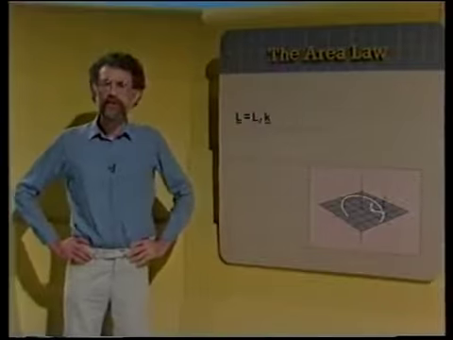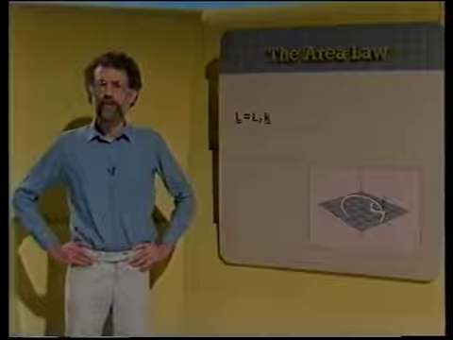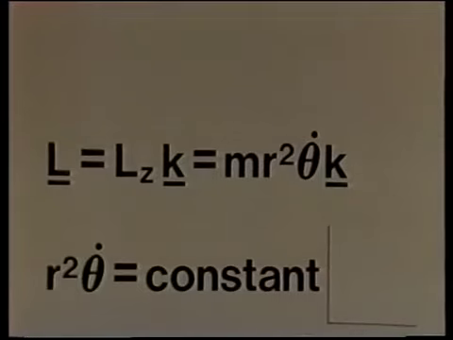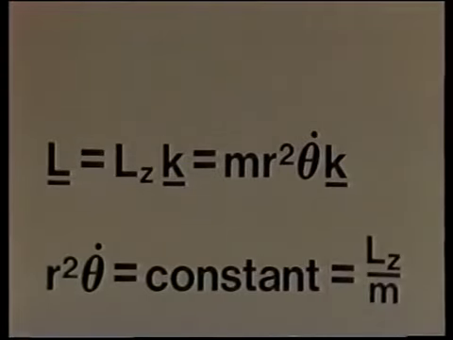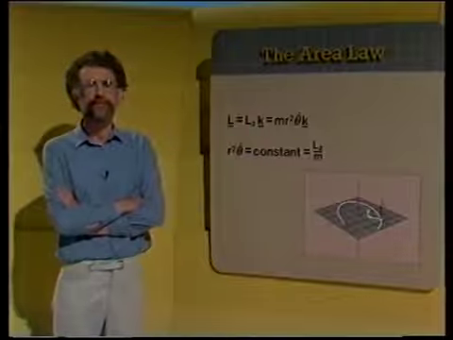But you've already worked out the angular momentum of a particle of mass m moving in a plane in terms of polar coordinates. It's m r squared theta dot times k. So we deduce that r squared theta dot is a constant. In fact, it's Lz over m. This result, that r squared theta dot is constant, is very useful when you're analyzing motion under a central force.